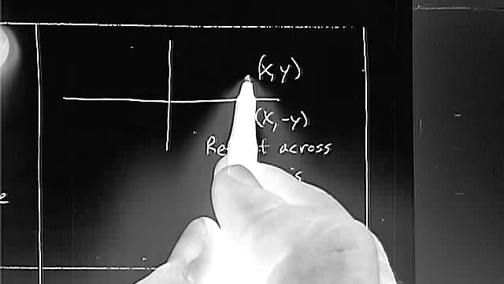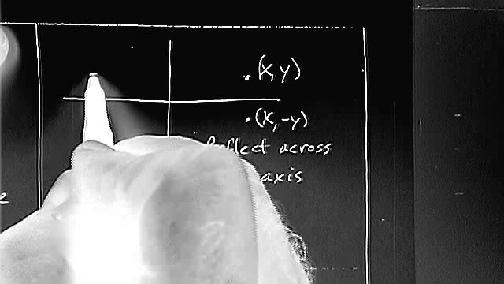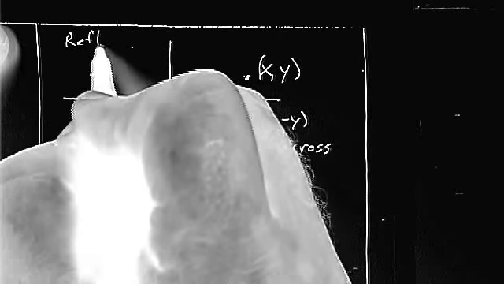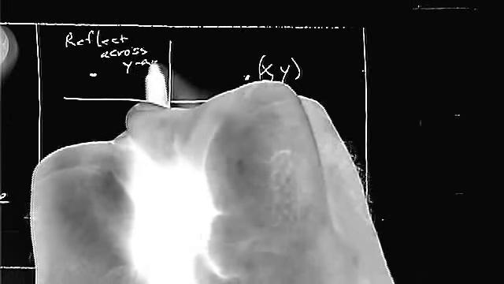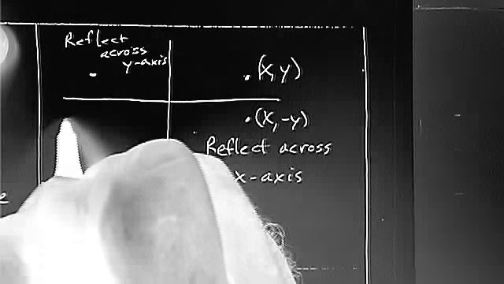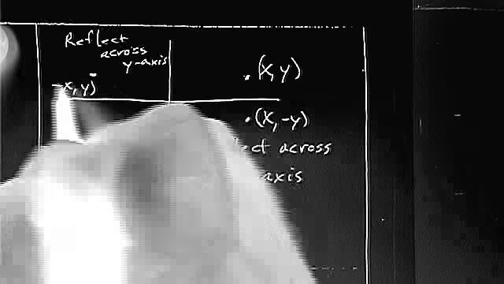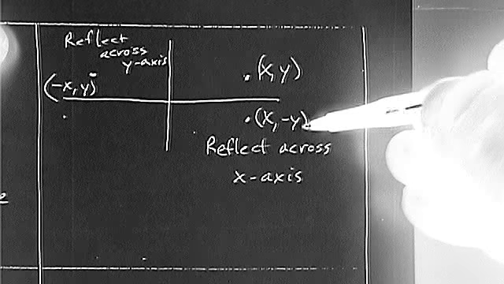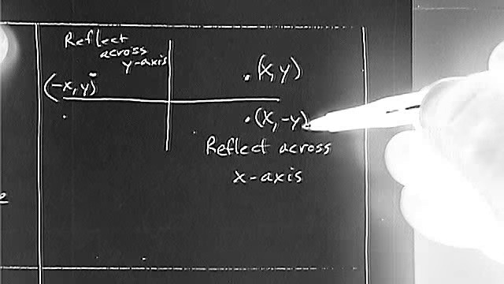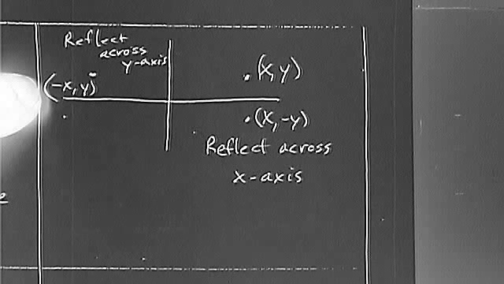So a reflection across the y-axis would be the point negative x, y. So what I want you to take from this is when you apply a negative to the y value, you reflect across the x-axis. And when you apply a negative to the x value, you reflect across the y-axis.